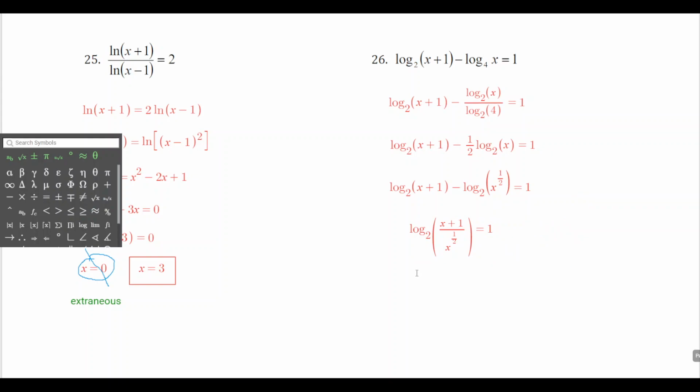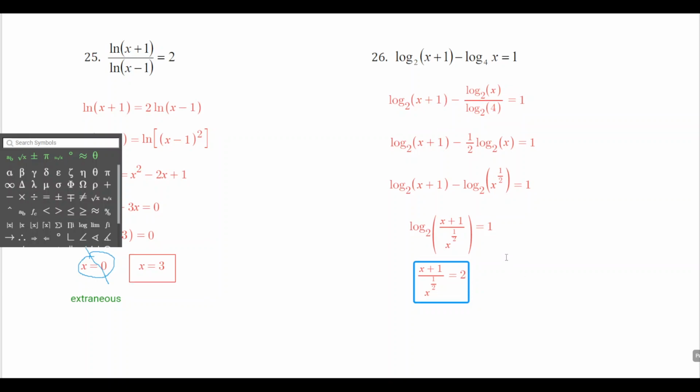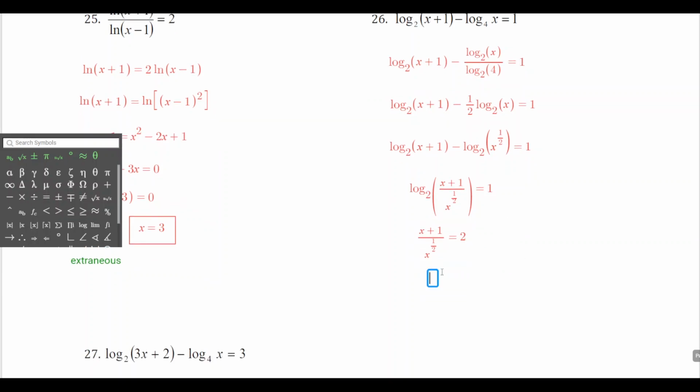And now I can use the inverse property to rewrite this as x plus 1 over x to the 1/2 equals 2 to the first power, which is just 2. From there, I can multiply both sides by x to the 1/2 power. So I get x plus 1 equals 2 times x to the 1/2, which is, remember, just the square root of x. Don't get lost on that.